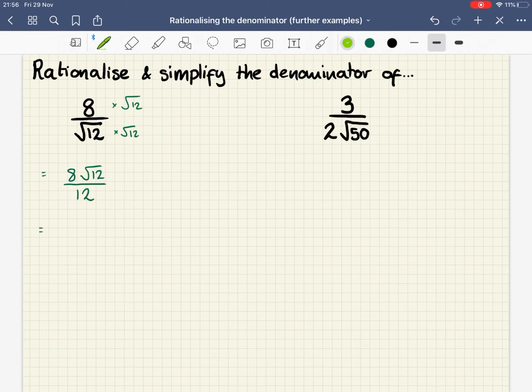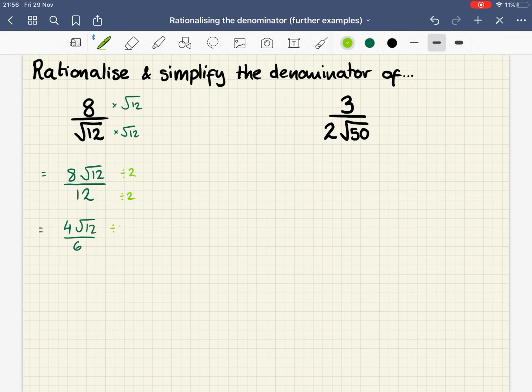However, I recommend saving the simplification till the end. So we're just doing a little bit of basic fraction simplification. So dividing by 2 here, which is going to give me 4 root 12 over 6.